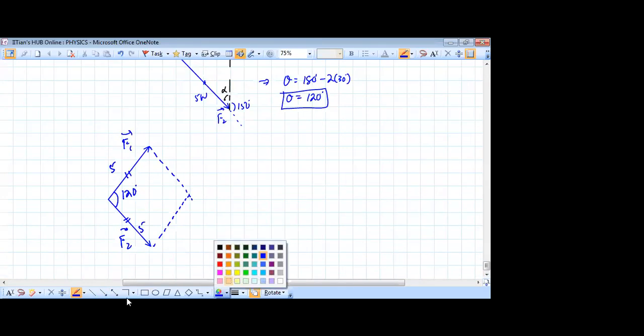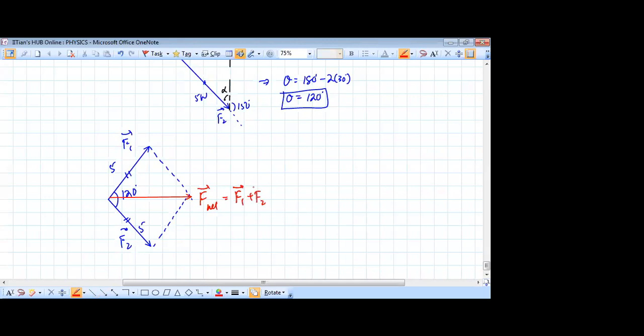So use the property of the rhombus, that this diagonal will bisect this. So this will be F net, which is the vector sum of F1 plus F2. And this diagonal will bisect this angle. So this angle and this angle will be 60 degrees each. So the magnitude of F net will become 2 times 5 cos 60. So 2 into 5 into half. So it will be 5 newtons.